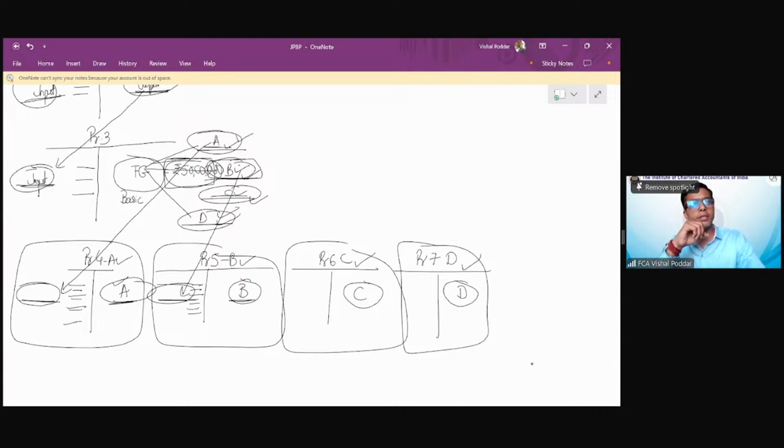How to segregate this is the first thing that you study in this topic. That is the concept or the chapter of JPBP.